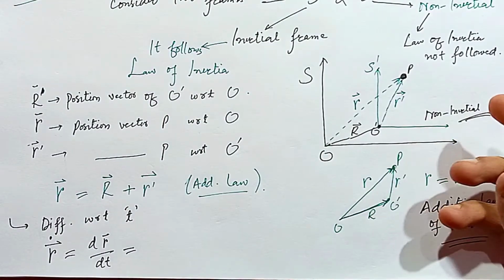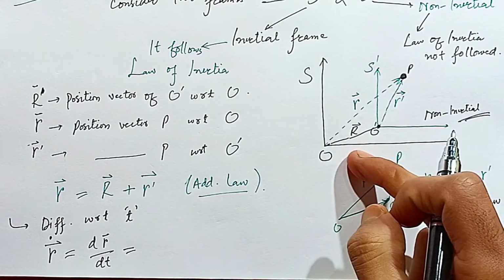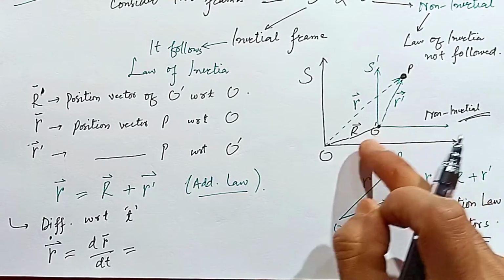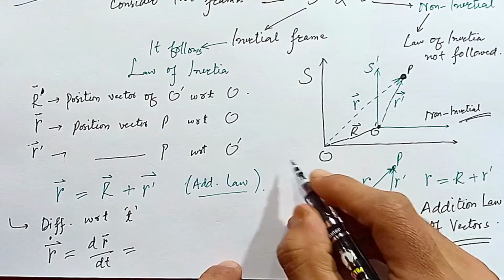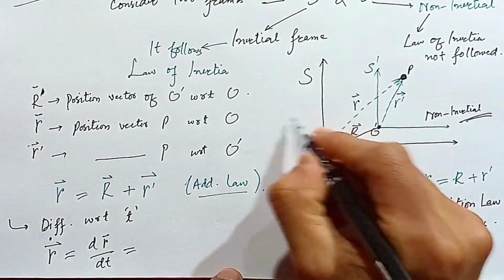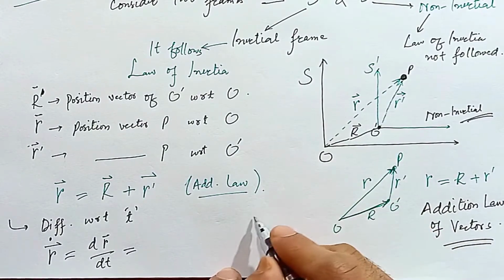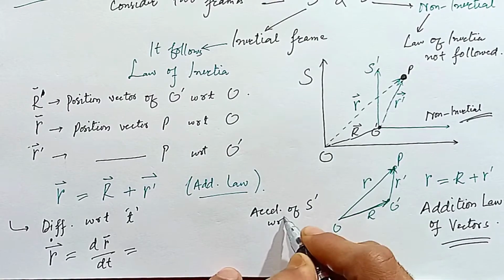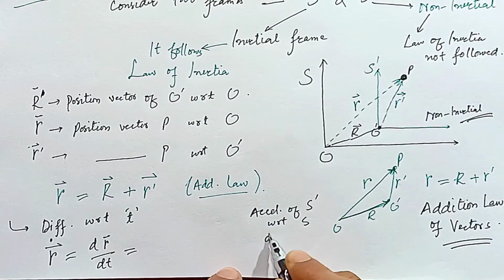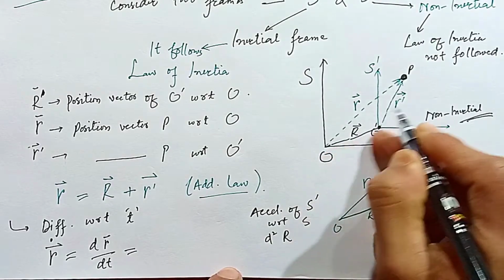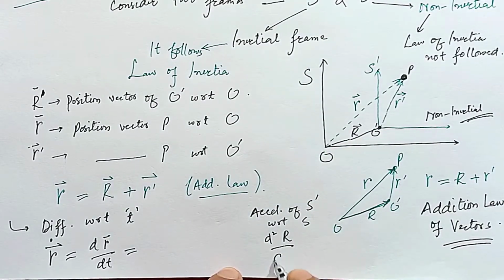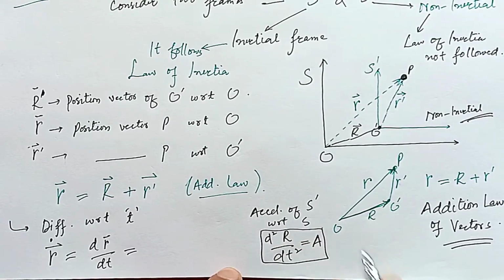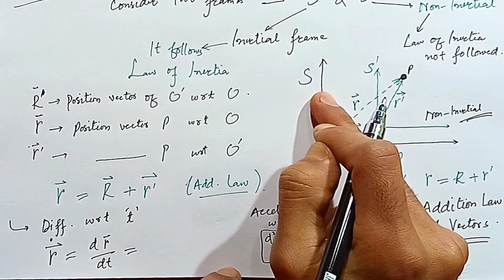That means it may be accelerated, and we will get the acceleration of this frame of reference with respect to the inertial one, which is given as the acceleration of S prime with respect to S, the double differentiation of the position vector R with respect to time.